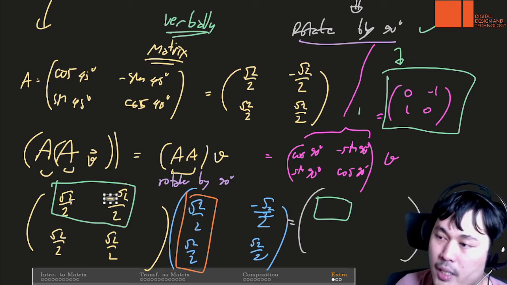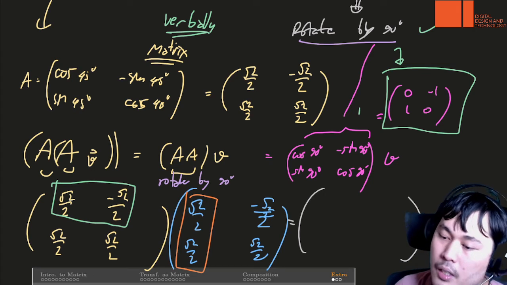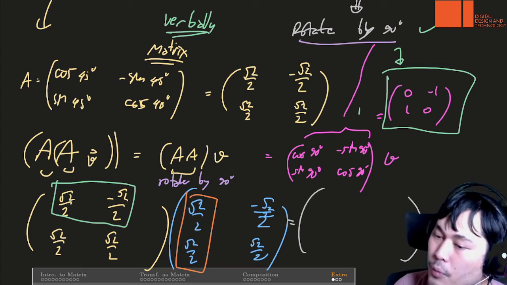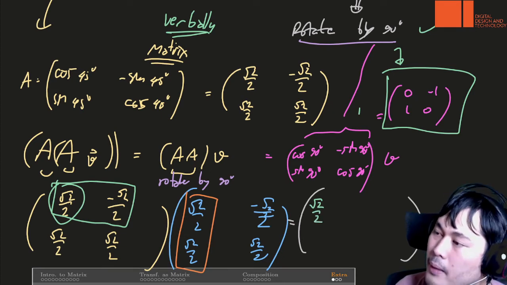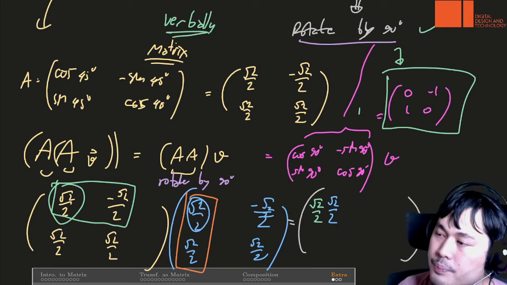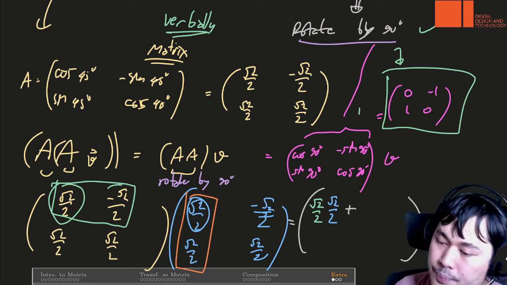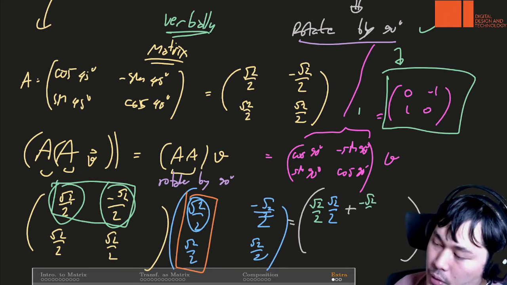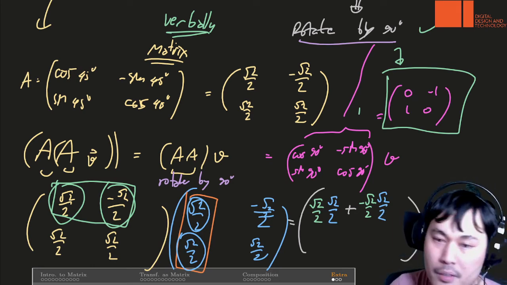If you multiply them together, you can see that something interesting is happening. We have this entry, square root of 2 over 2, multiplied by this entry, square root of 2 over 2, plus this entry, minus square root of 2 over 2, times this entry, square root of 2 over 2. So that's one single entry.